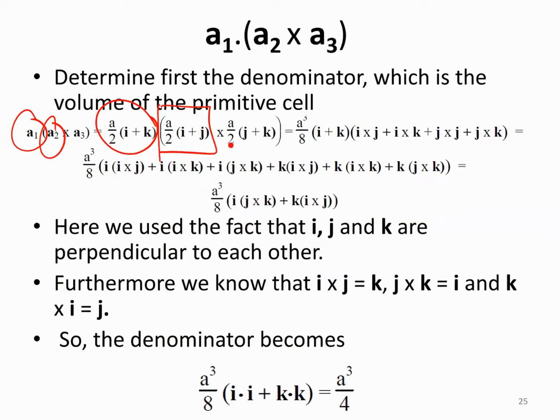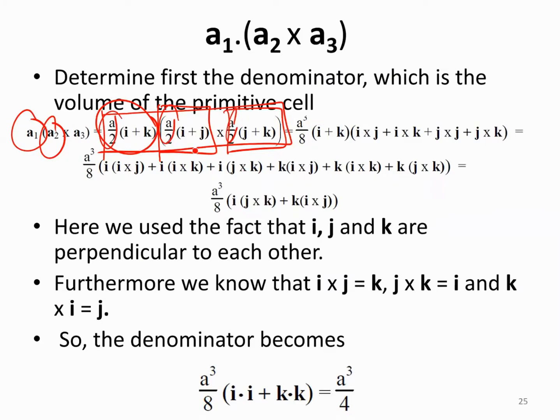Then a3 equals a over 2 times (j plus k), I substitute there. Okay. Then next, I solve these three terms. So I get a over 2 times a over 2 times a over 2, which gives a to the power of 3 over 8.